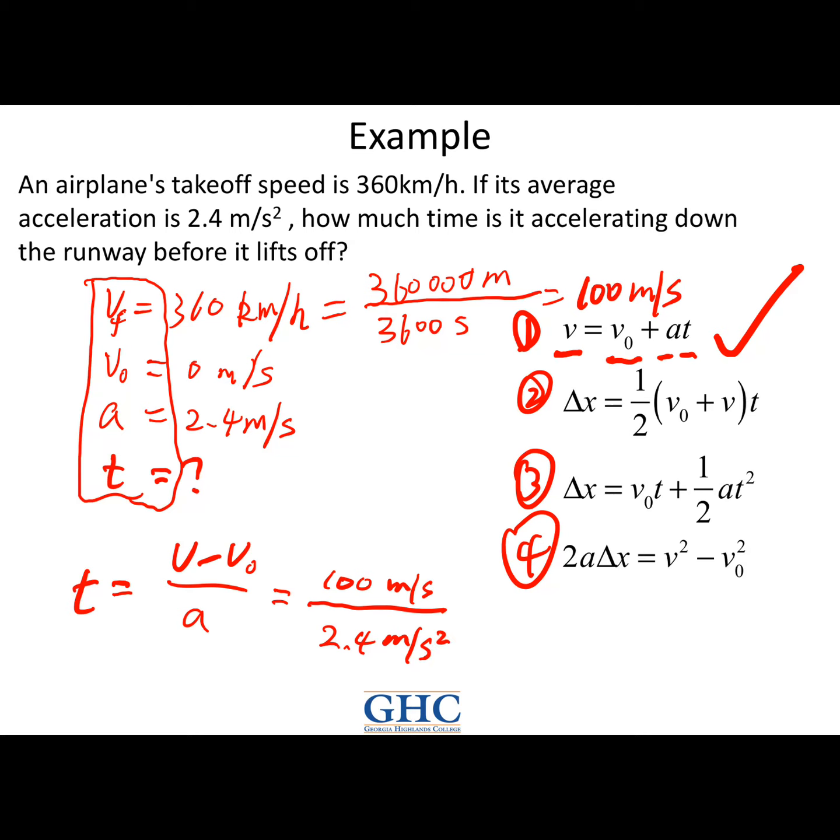If you first work out the units, you'll find this part gives seconds. And if you work out the numeric part, it's roughly 41 seconds. This is a very simple example to show how we use these kinematic equations. I'm going to upload a video on more involved applications of these kinematic equations right away.